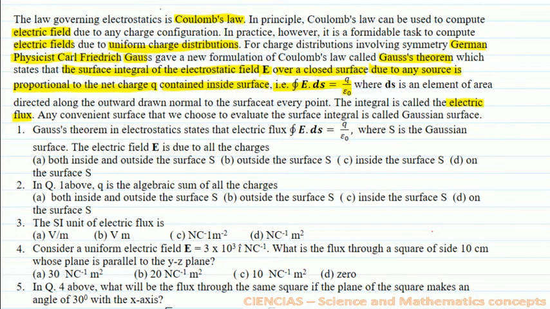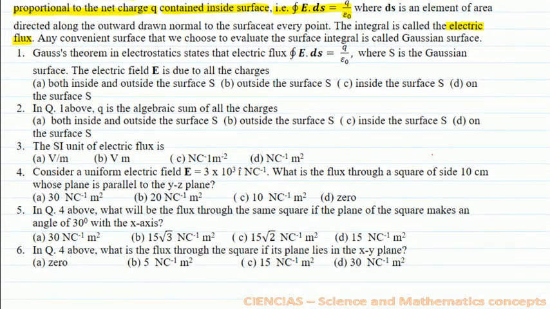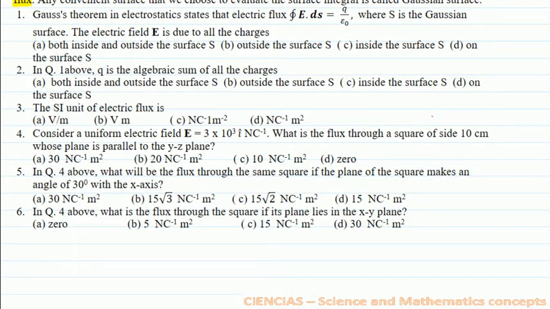The electric field E is due to all the charges: option A, both inside and outside the surface; option B, outside the surface; option C, inside the surface S; and option D, on the surface S. For question number 1, according to Gauss theorem, charge should be enclosed.